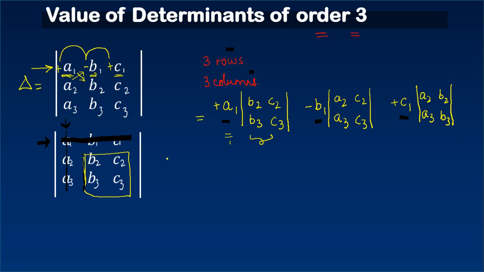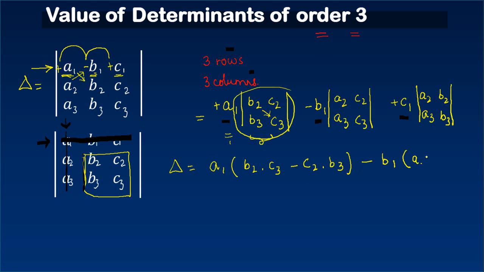Then my value of delta is going to be equal to A1 times, again, this is an order 2 determinant, so I'll just do what I did earlier: B2 into C3 minus C2 into B3, minus B1 times A2 C3 minus C2 A3, plus C1 into A2 B3 minus B2 A3.